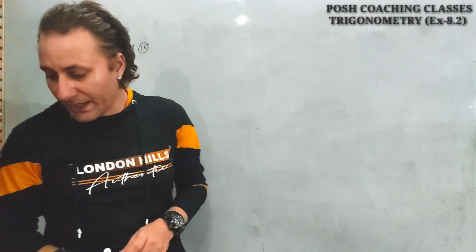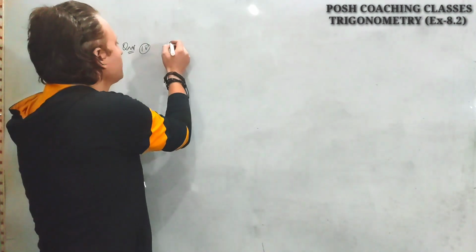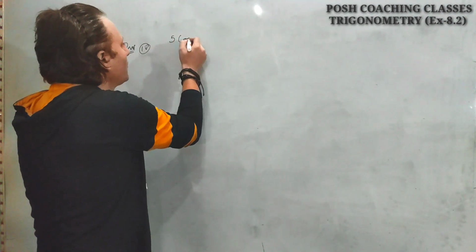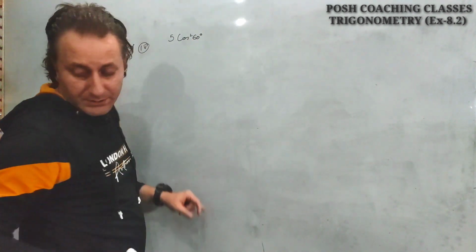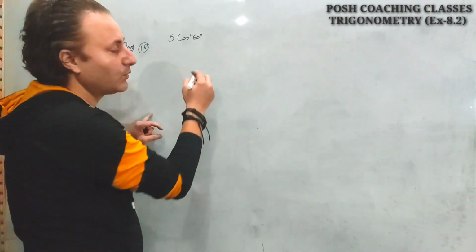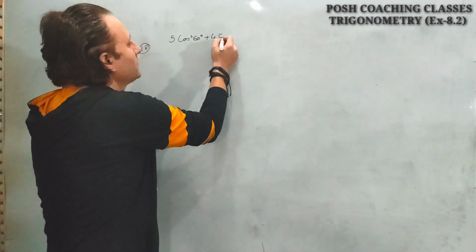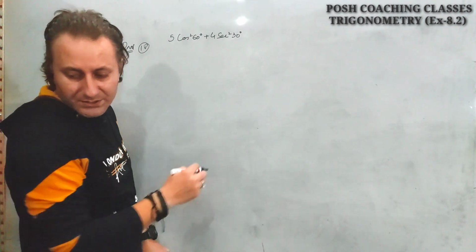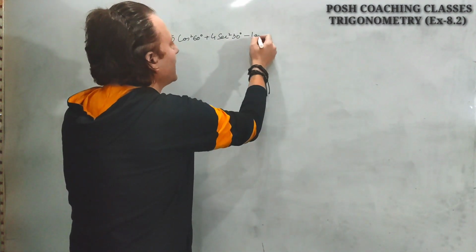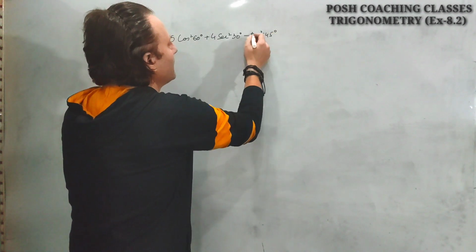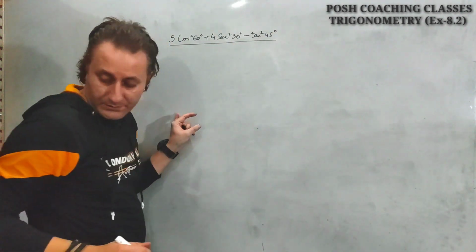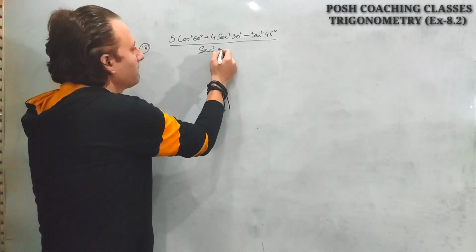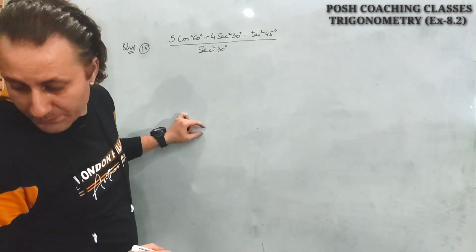What do we have? It's quite a big one. It says 5 cos square 60 degree, plus 4 sec square 30 degree, minus tan square 45 degree, whole divided by sec square 30 degree, and then we have its sine square.